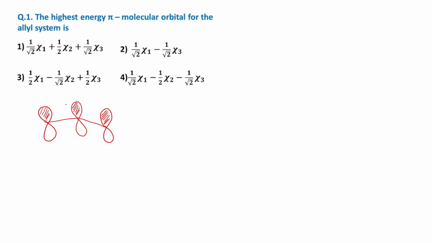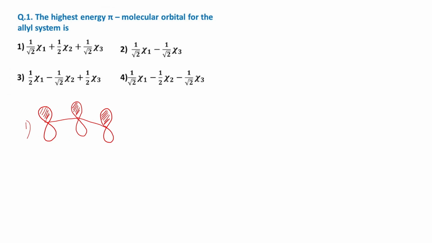So here what do you think? How many nodes are there for the first case? There are no nodes, zero nodes, because positive, positive, positive.